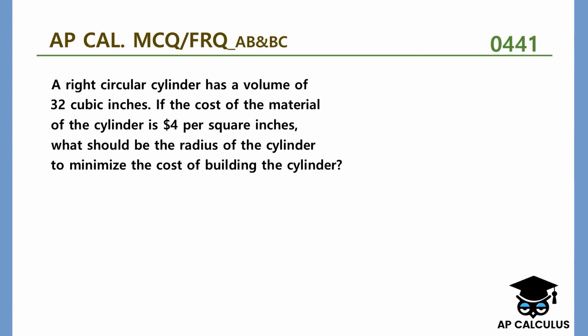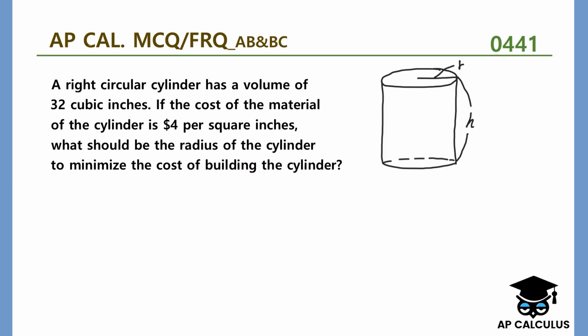Question 441. A right circular cylinder has a volume of 32 cubic inches. If the cost of the material of the cylinder is $4 per square inch, what should be the radius of the cylinder to minimize the cost of building the cylinder? Here we have a right circular cylinder with radius r and height h.